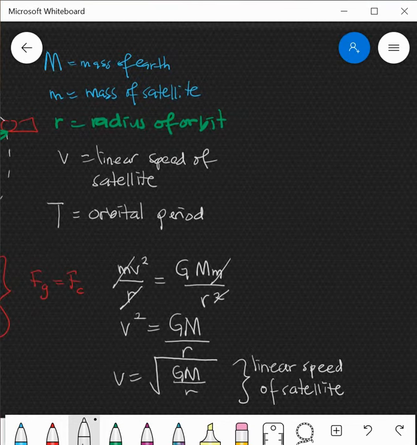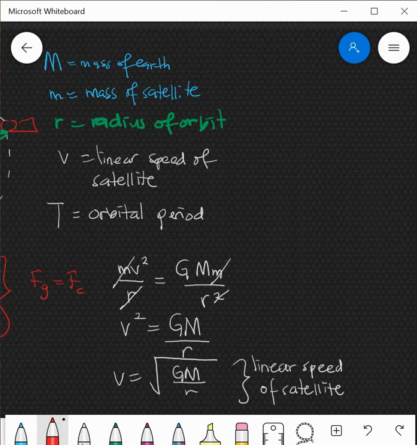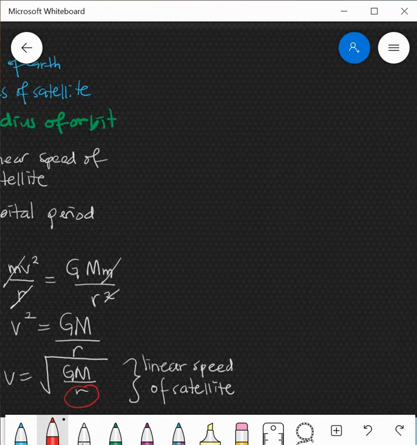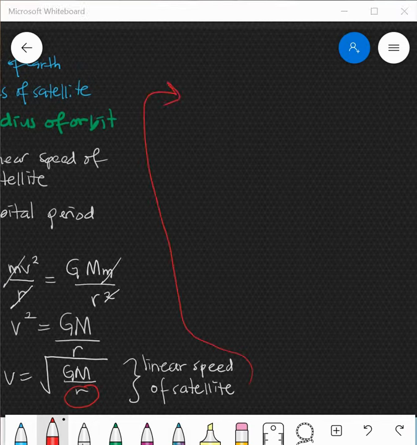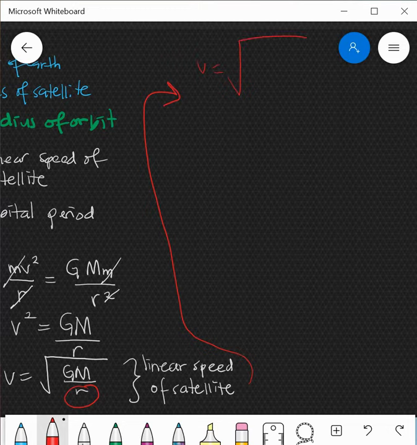Okay, so kat sini awak dapat tengok the factors affecting the linear speed is radius r, radius of the orbit, G and also M. Tetapi G and M is constant. Okay, G and M is constant. Kita sambung kat sini. Okay, so v equals to square root of GM over r. But GM is constant. Kenapa cikgu kata dia constant? G is constant lah, gravitational constant.